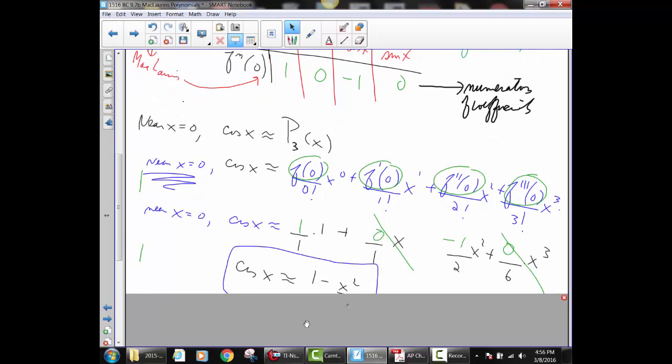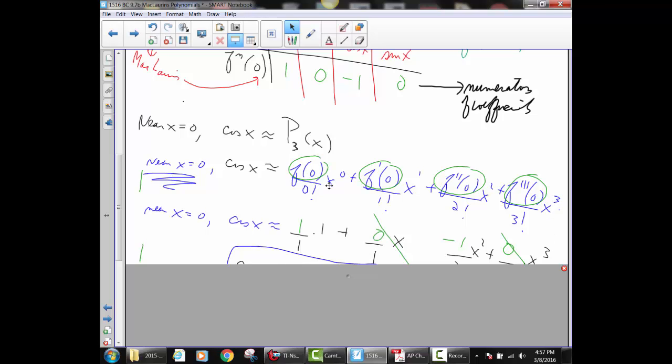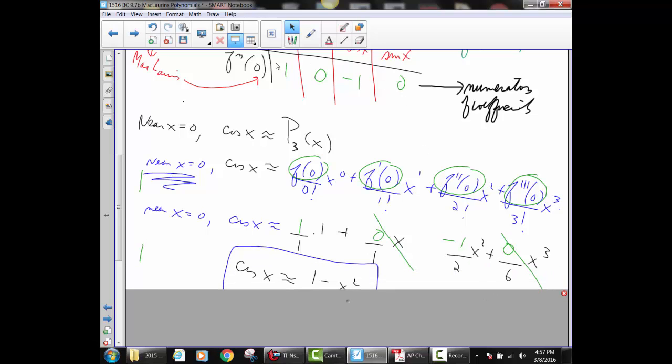And therefore, we're only going to degree 3 because that's what they asked for. That is what we found in the table. The 0th derivative, which is just f of 0, is 1. f prime of 0 is 0. The second derivative at 0 is negative 1. The third derivative at 0 is 0. So remember, all we're getting in the table is the numerators of the coefficients of each term.